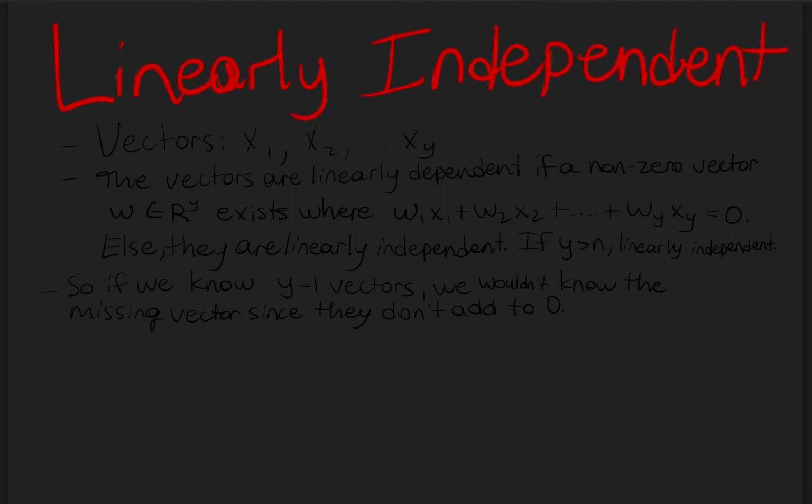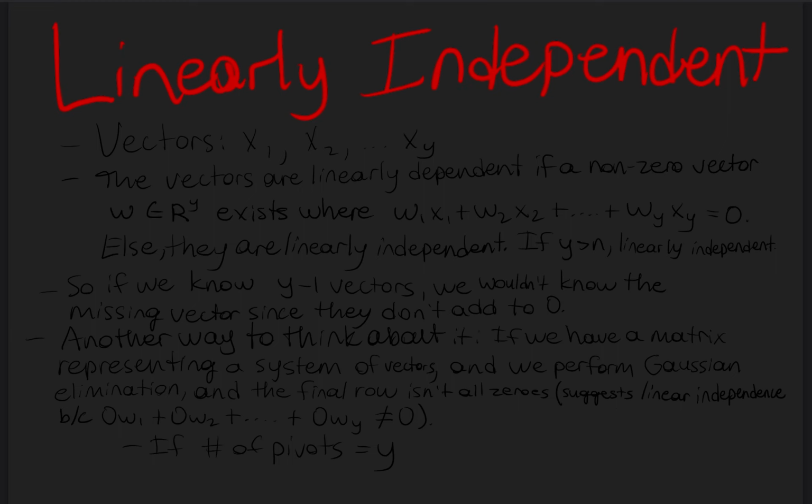Another way to think about this would be if we have a matrix representing a system of vectors like before, and then we perform Gaussian elimination and the final row isn't all zeros. This would suggest linear independence because 0 times w1 plus 0 times w2 plus so on does not equal 0.